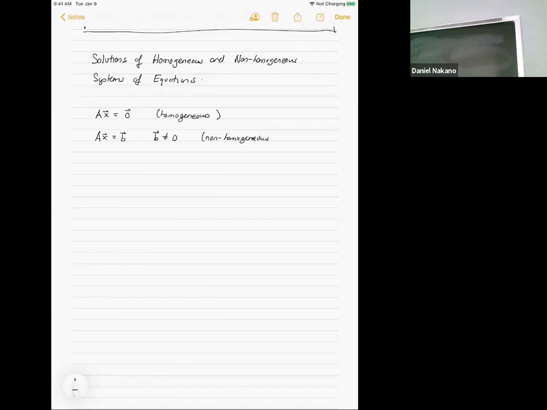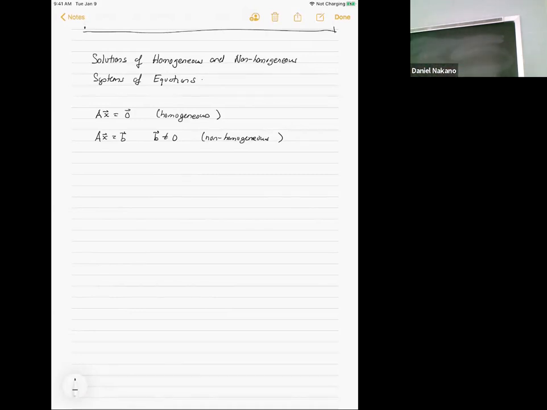At the end, I'm going to show you that even though these may look different, and B could be anything you want which is non-zero, it turns out there's a connection between the non-homogeneous system and the homogeneous system of equations. A very tight connection.